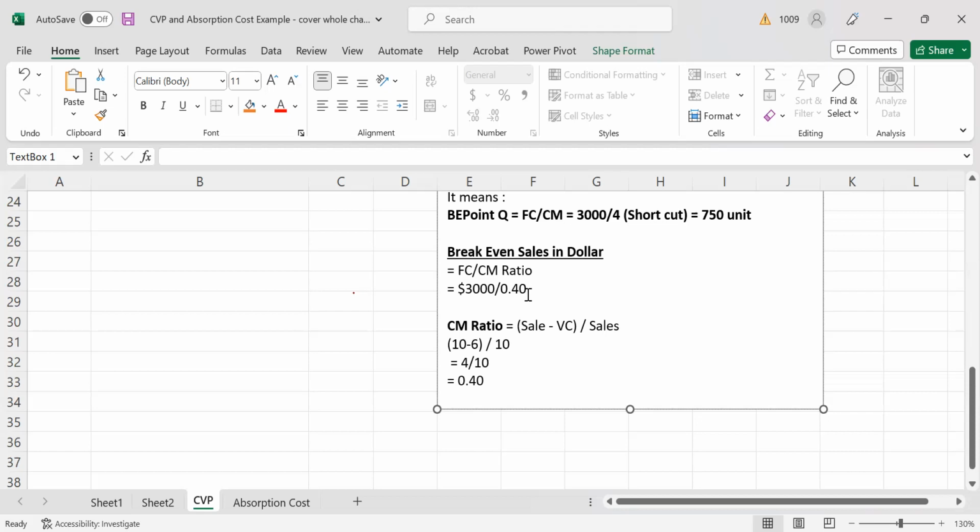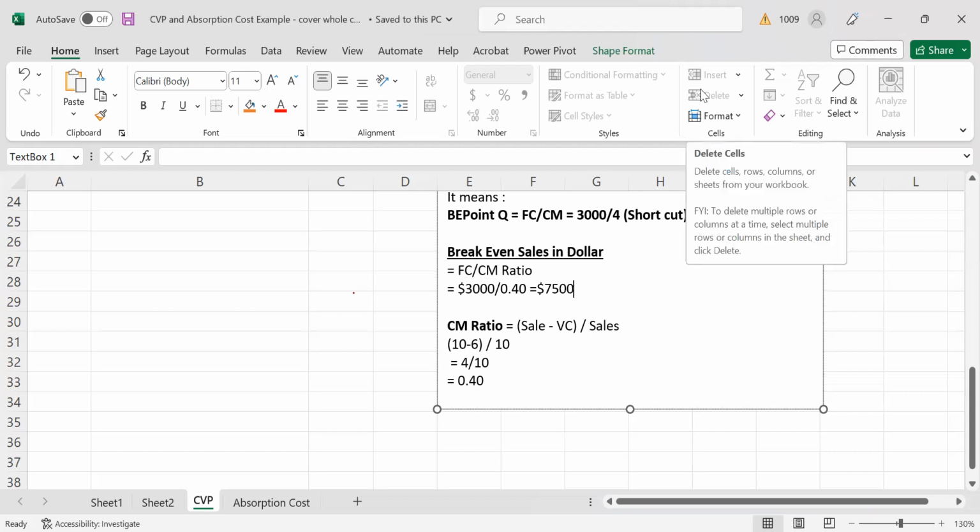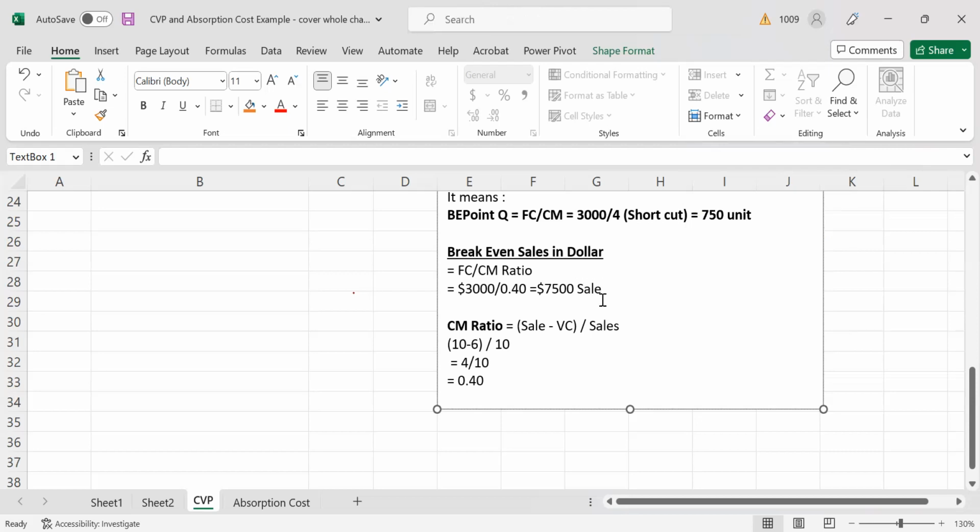In this case, we will find that the sale is $7,500. This much of sale is required. If we want to verify this, how can we verify?